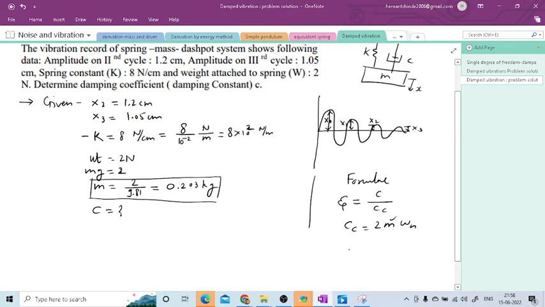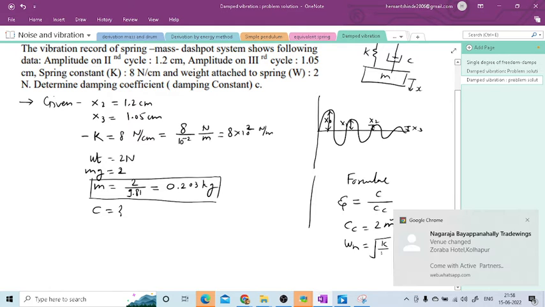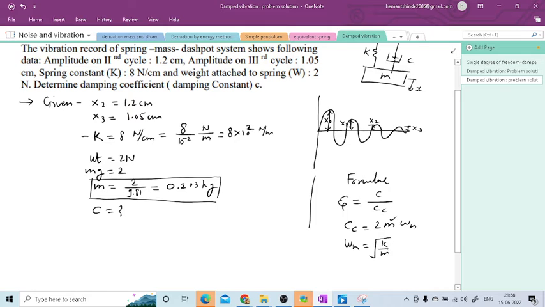Omega n is nothing but root k by m. So by using root k by m, we'll get the value of omega n. So I'll write here root k by m. Now just check whether the values of k and m are given or not. Yes, they have given the value of k, they have given the value of m. So from these two we'll get omega n.